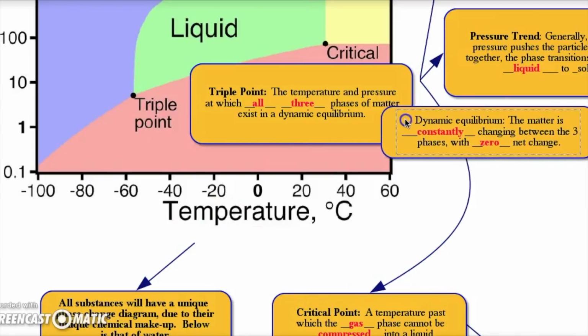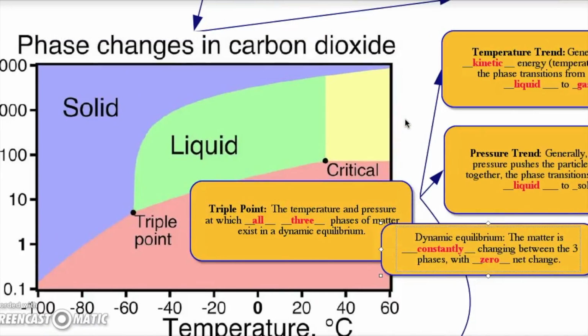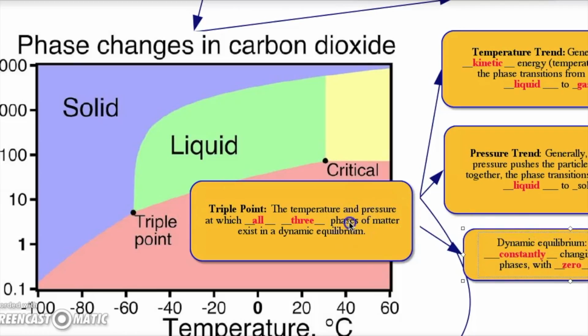That's a set of conditions where we have freezing, melting, condensation, evaporation, sublimation, and deposition all happening at once. So in reality, all the phase changes are occurring, but there's no net change, no overall change. So that's the triple point. Again, it's a pressure and a temperature where we'll have all three phases of matter.